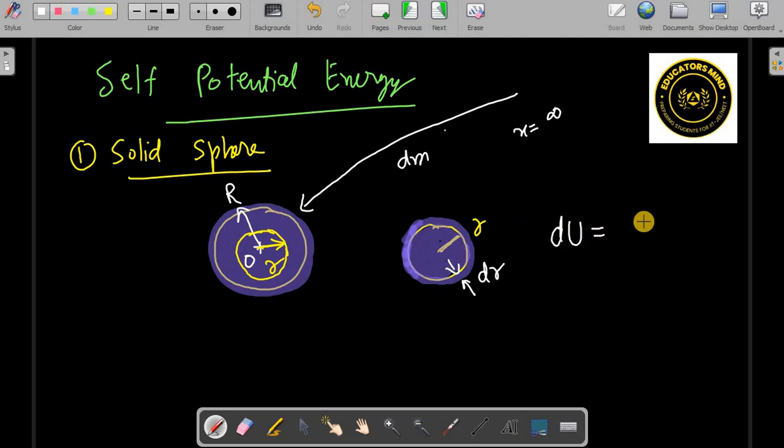Already it has some mass, let's say small m, so the potential is minus Gm by r, and you are bringing that small mass, so G m dm by r.